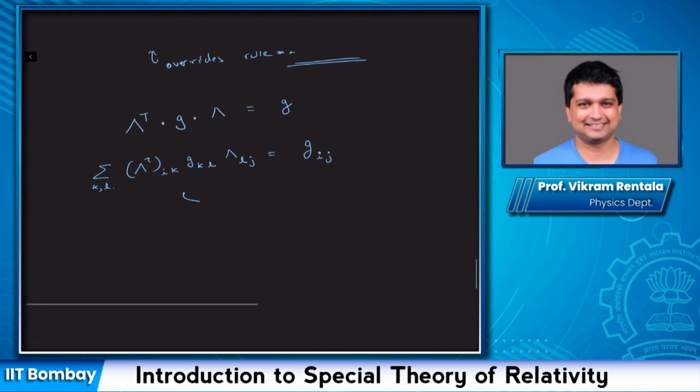And now let me raise and lower indices according to my rule. So first let me replace all the indices by Greek indices. So let's write ij as mu nu.